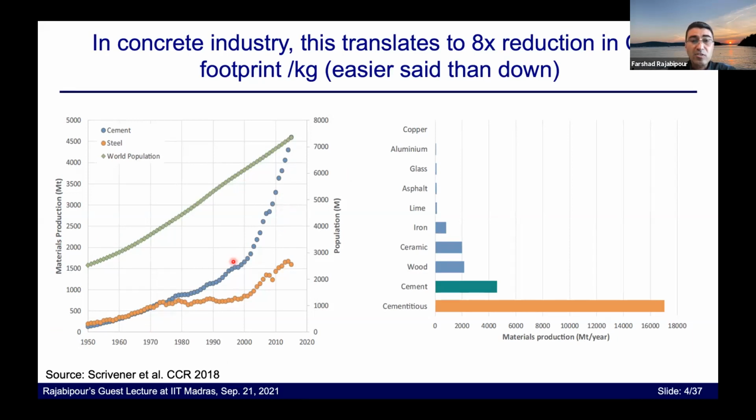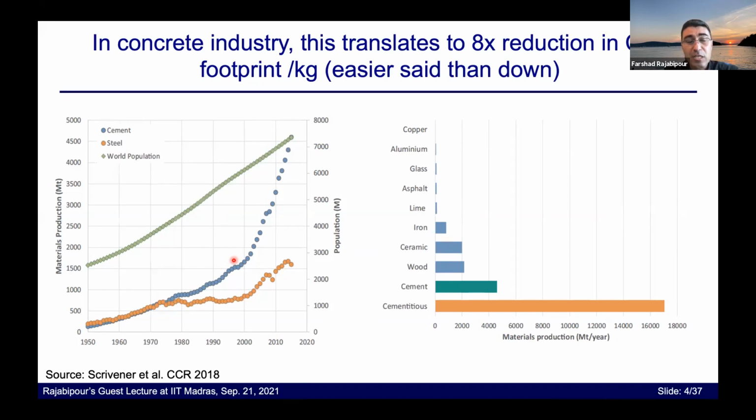This significant use of cement is primarily driven by developing countries that are building new infrastructure and new buildings to rightfully enhance the quality of life of their citizens. There is a lot of remaining demand in the world for this type of development.